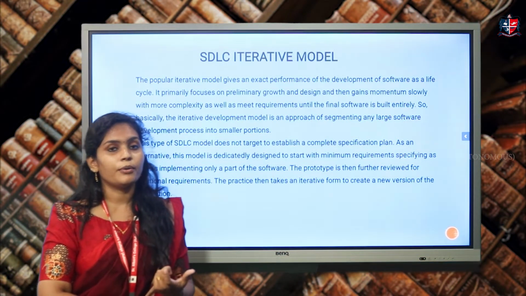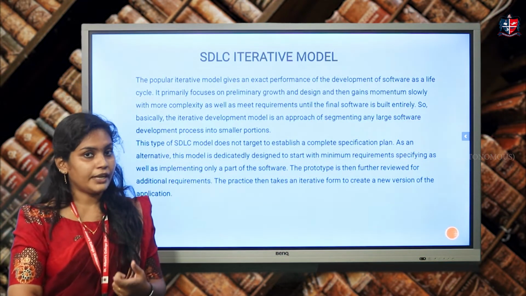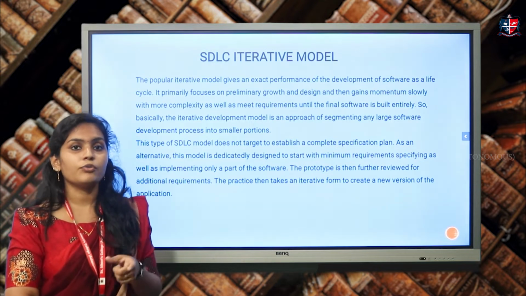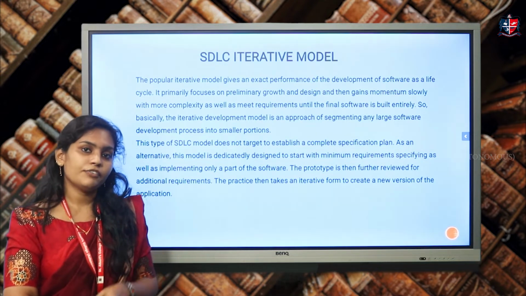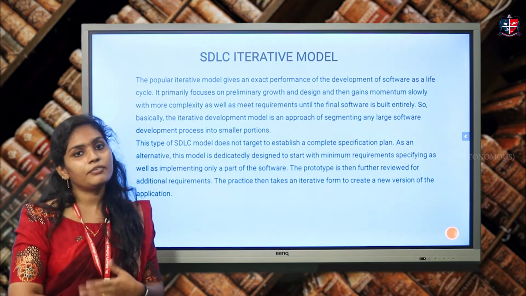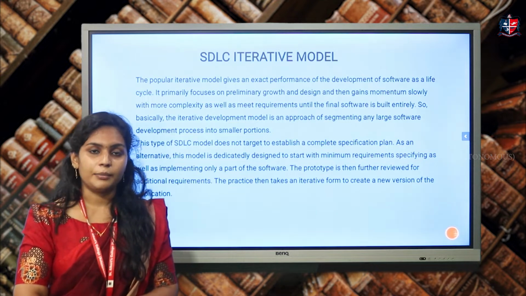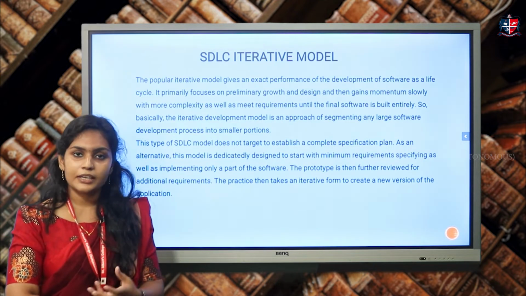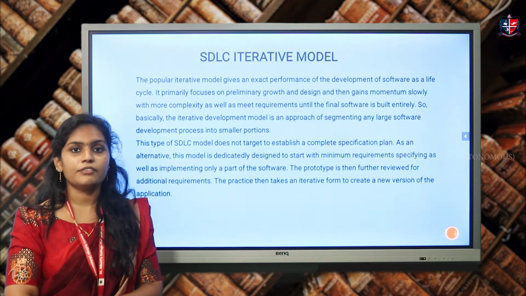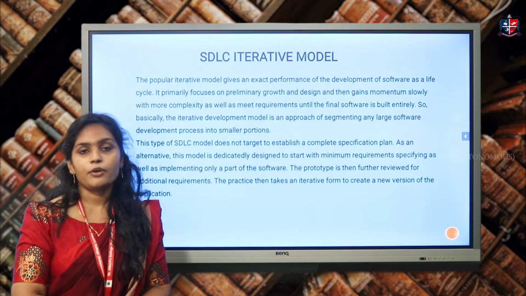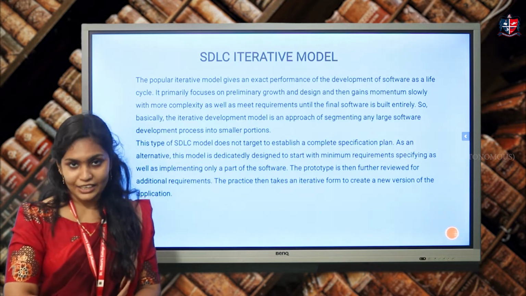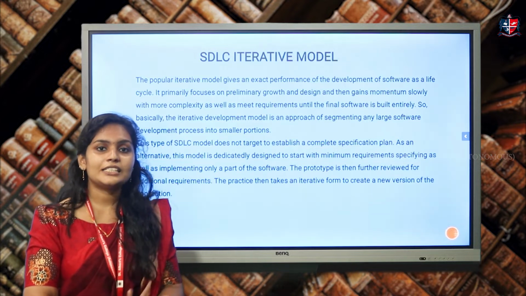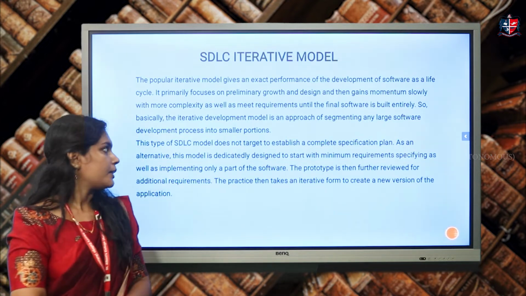So when you are developing a software, it will go through the first iteration, and after the first iteration, the developer will deliver the product to the customer, and from the customer we can get the feedback. It will be positive feedback or negative feedback. From the negative feedback, the developer will rearrange the system into a new model.